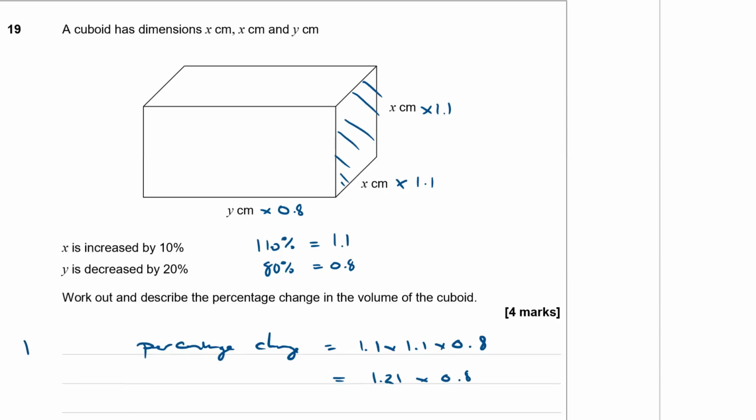So 1.21 times 0.8: 8, 16, and 1. 1, 2, 3 after the decimal point, so it's 0.968. That's equal to 0.968, which as a percentage is 96.8%, and therefore the percentage change is the difference between that and 100%.